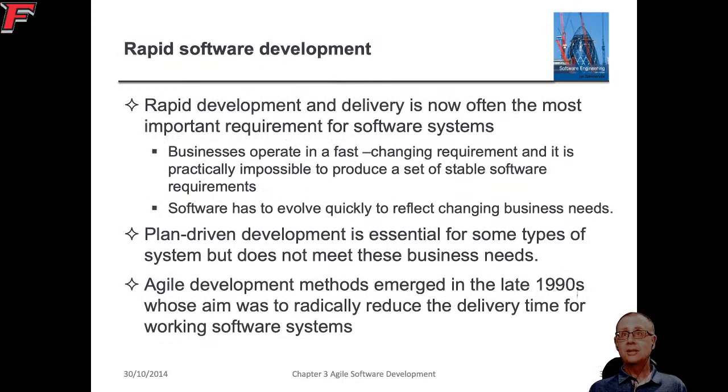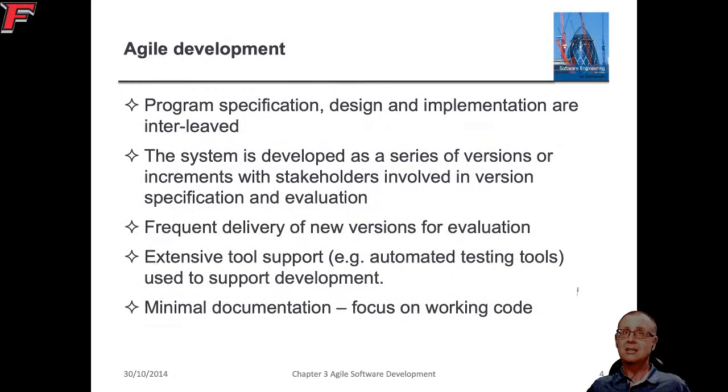So the idea is that we want to do things quickly, and rapid development and delivery is now often the most important requirement, right? Plan-driven development doesn't meet that business need, so Agile development has taken its place.